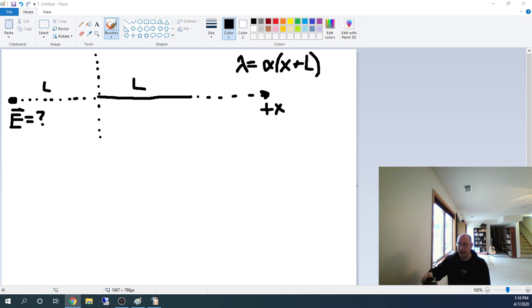Okay, so let's use the procedure that we know about, just to remind us how we calculate the electric field. We're going to imagine chopping up this distribution into tiny little itsy bitsy pieces, each of which has a particular position on our coordinate axis. We ask ourselves, how much charge is in that little bit of the distribution, and what is the vector which points from that piece of the charge distribution to the field point?